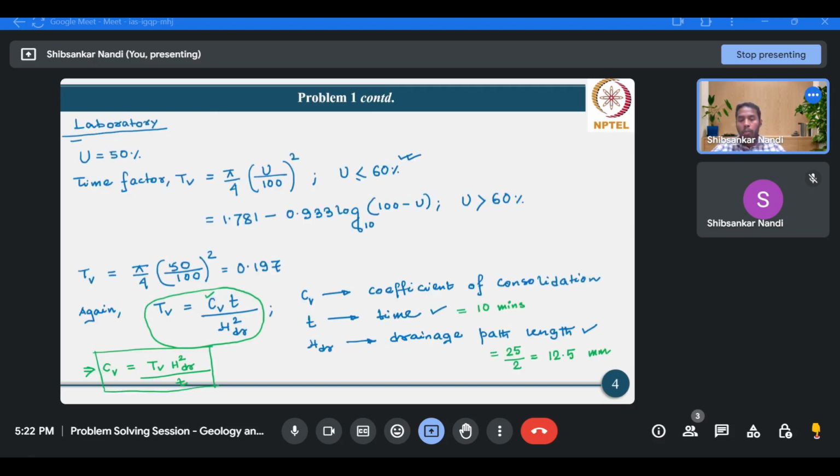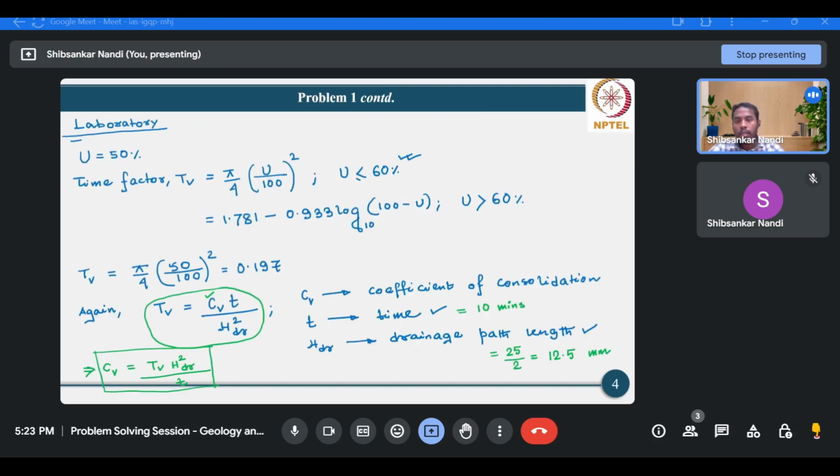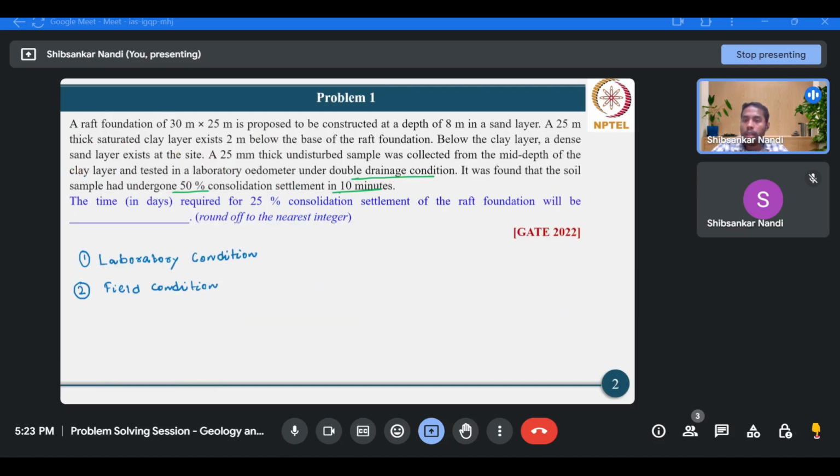Now please be very careful about this CV, because this CV is nothing but the CV of the soil at the field. So we have basically collected a sample from the mid depth of the clay layer, and that sample was tested in the laboratory.